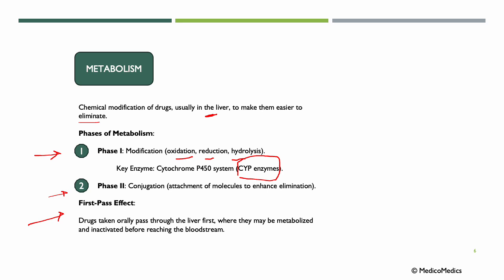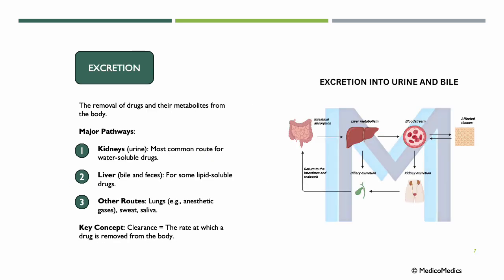Now, after metabolism, the body needs to get rid of the drug, so let's look at excretion. And now we arrive at the final phase of pharmacokinetics, excretion, the process by which drugs and their metabolites are removed from the body. The kidneys are the primary route of elimination, especially for water-soluble drugs. These are filtered into our urine.